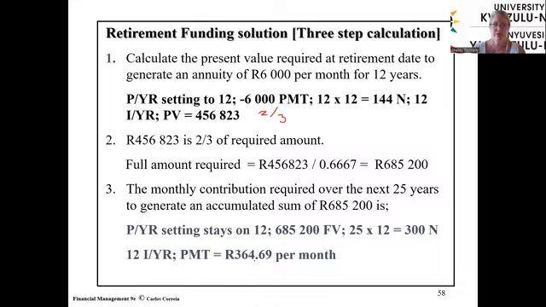Then you hit payment and you get the amount that she needs to contribute every month, starting in a month's time from where she is now, for 300 months, such that it will have accumulated to 685,200 by the time she retires, so that she can withdraw 1/3 in cash and leave the rest, which is 456,823, there to be able to generate the 6,000 per month that she's going to need for the next 144 months.